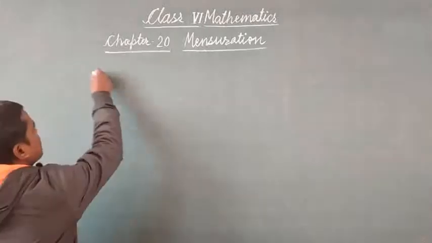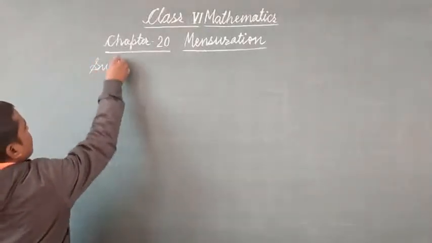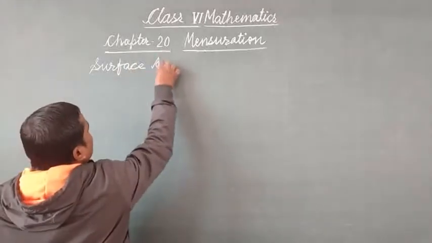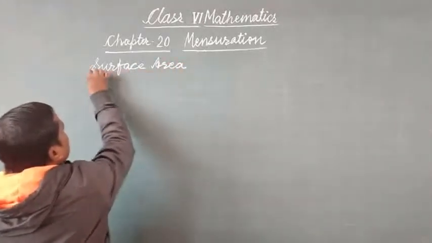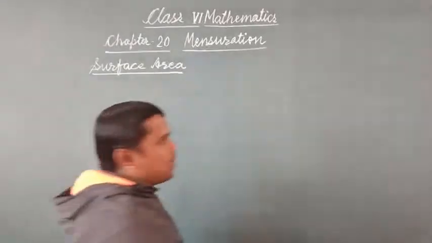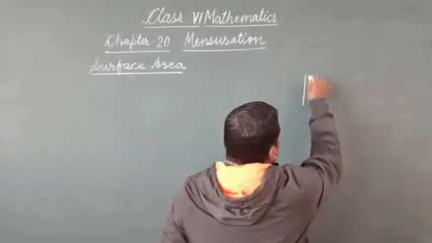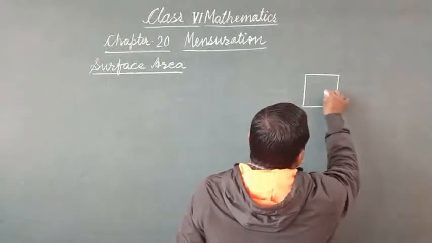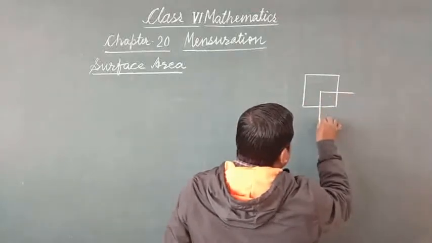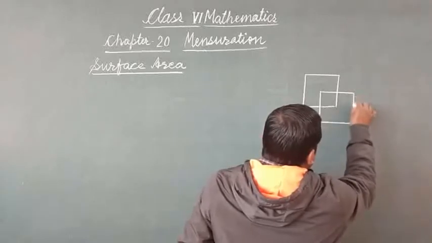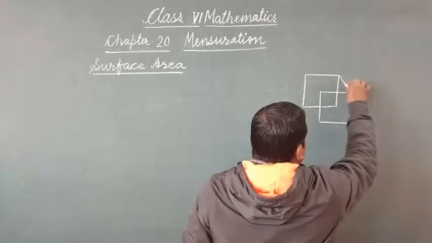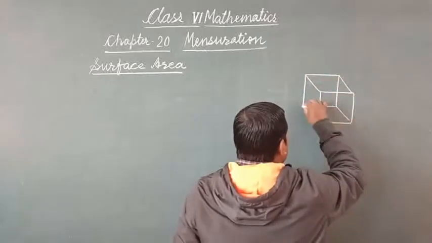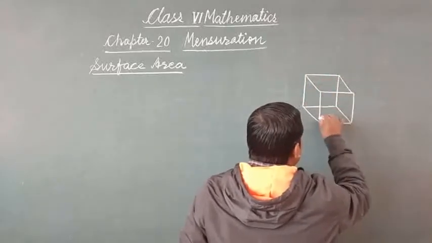I am writing surface area. First I am going to discuss the figure of a cube. All of you must have seen a cube. You see here all the surfaces of a cube are identical and have equal area.